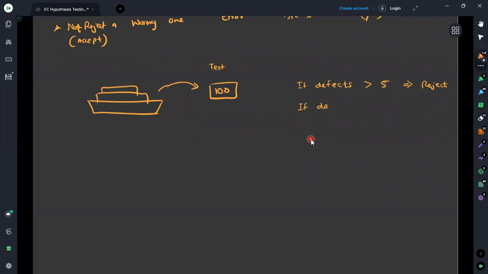If defects are less than or equal to 5, then do not reject the shipment. Therefore, this is the company policy that they are having.